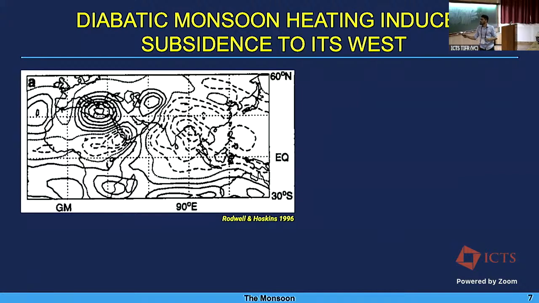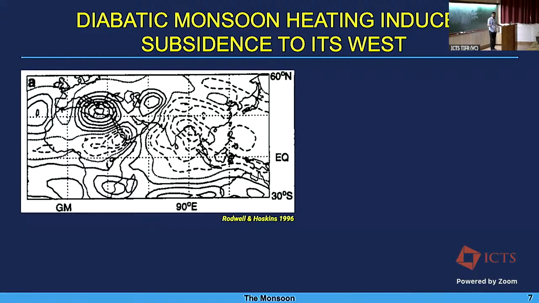If you consider the South Asian monsoon, because of latent heat release, the entire troposphere is experiencing diabatic heating. This diabatic heating produces a subsidence to its west, and this is what allows subsidence to persist over the Sahara during the summer season when the monsoon is strong. This was shown with simple linearized dynamical models.